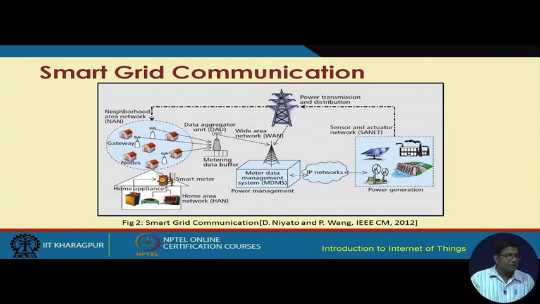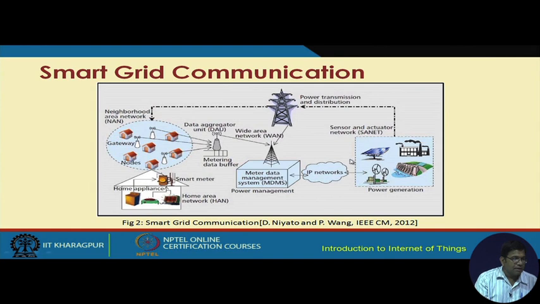So, let us look at this particular figure. What we have, as we can see, is the power generation system, and this is the figure that we have seen earlier as well, but here we are going to look at it from a different perspective. We are going to look at it from the communication perspective.